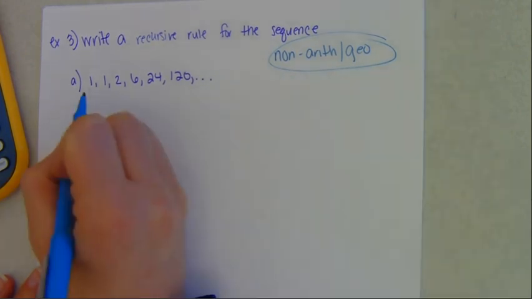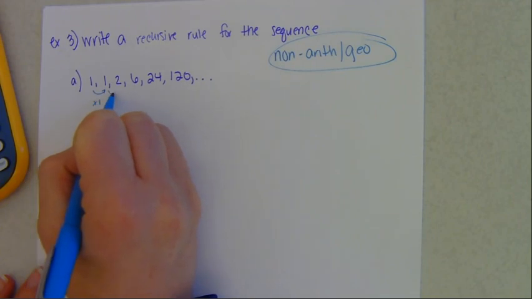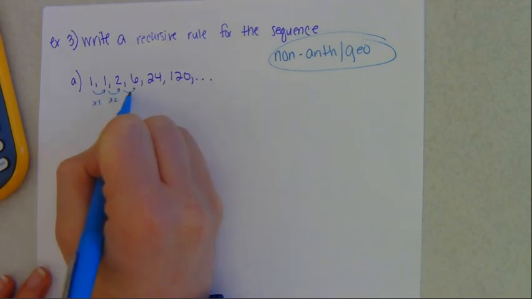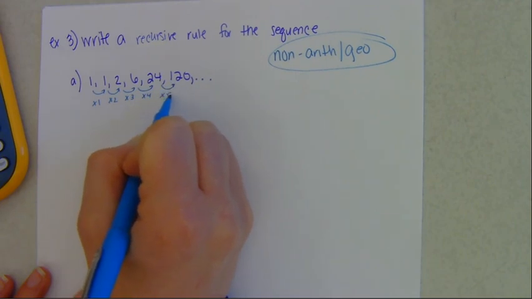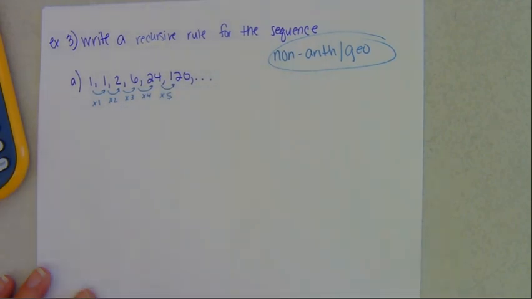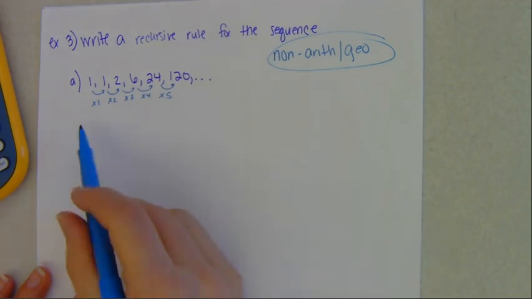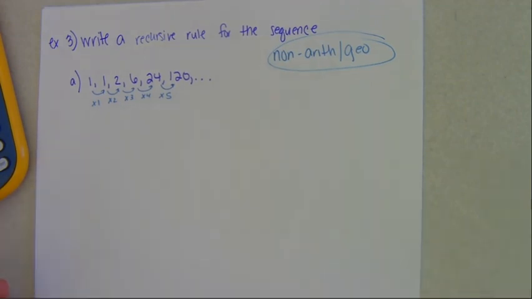Hopefully you've seen that we are multiplying by 1, then we're multiplying by 2, then we're multiplying by 3, then 4, then 5. Okay, so we have to figure out how we can turn that into a recursive rule. Remember, a recursive rule relies on the previous term. You're going to take the previous term and you're going to multiply by what?